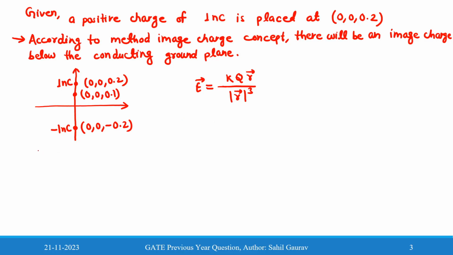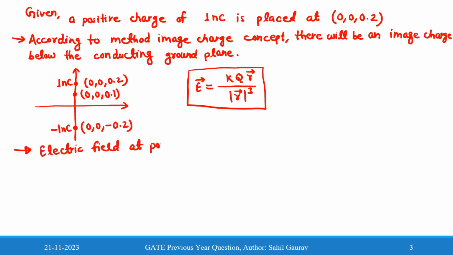So first we are going to find the electric field at point P due to point charge plus 1 nanocoulomb.